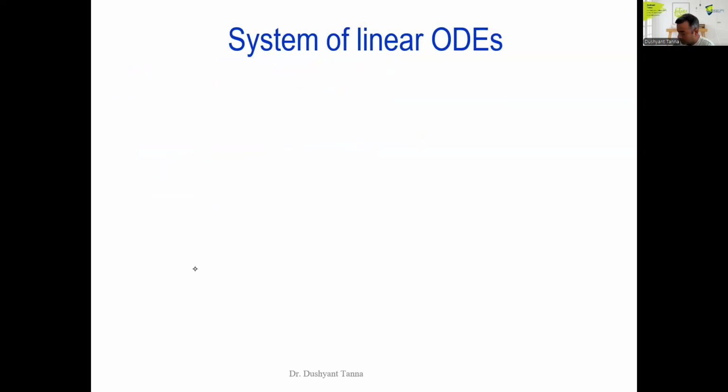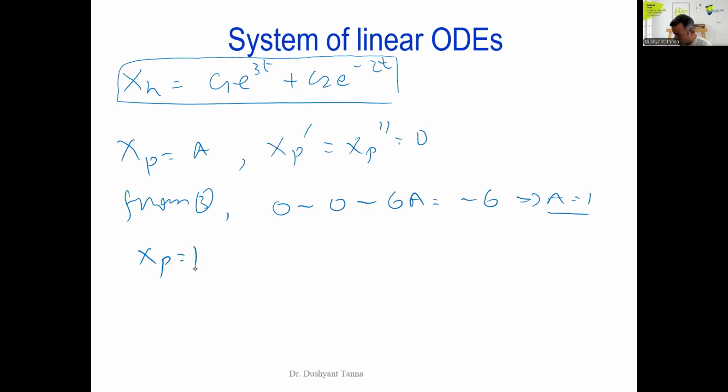Awesome, nice and simple. xp is 1. My x is xh plus xp, which is c1 e raised to 3t plus c2 e raised to minus 2t plus 1.